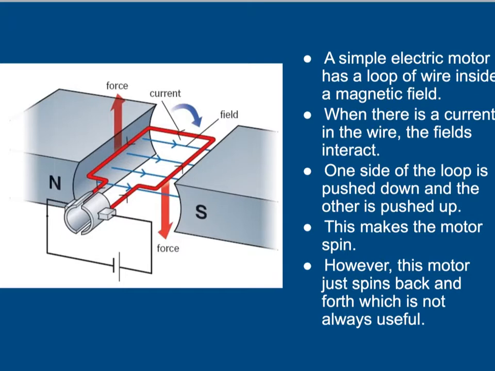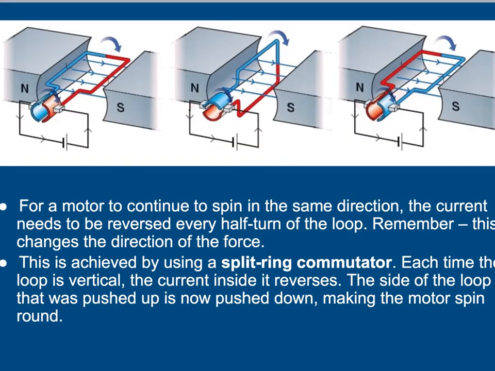However, this just makes the motor spin backwards and forwards, and it's not always useful. For a motor to continue to spin in the same direction, the current needs to be reversed every half turn of the loop. Remember that this will change the direction of the force.